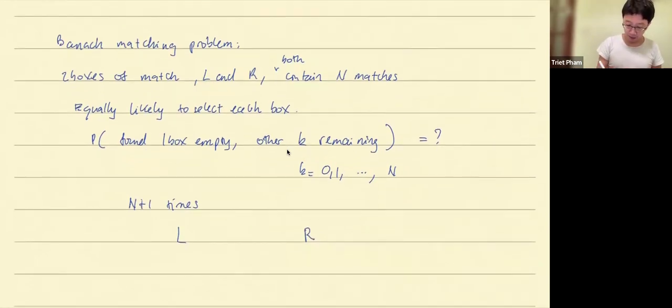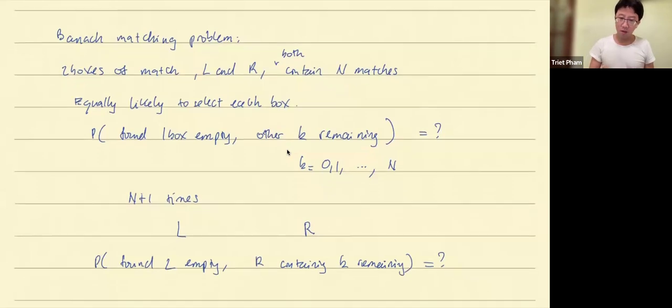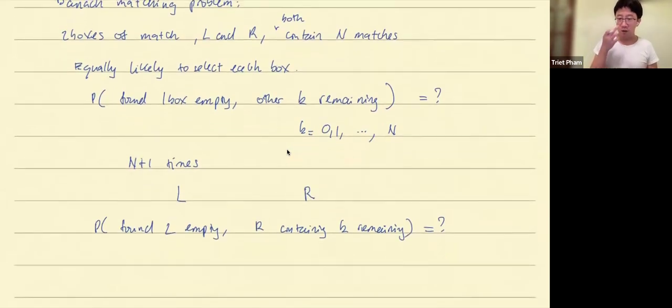And let's say that this is the probability that you found the left empty and the right containing k remaining. Then, first of all, how many times does a person reach into the pockets total, left or right included?